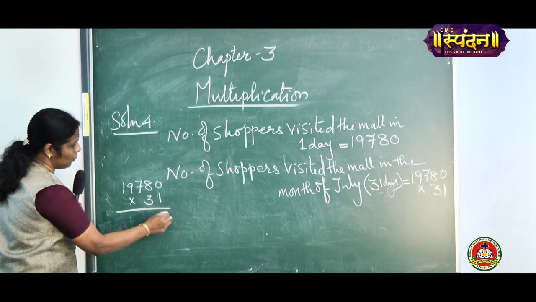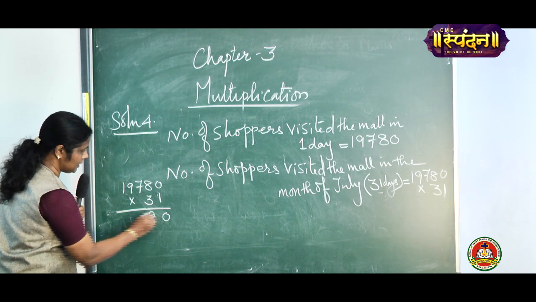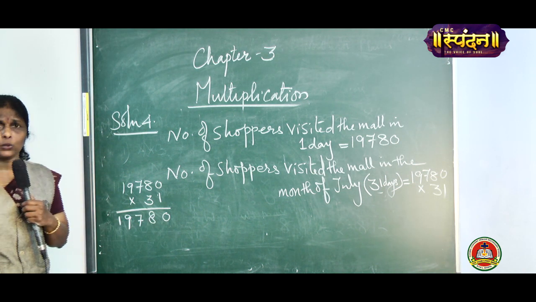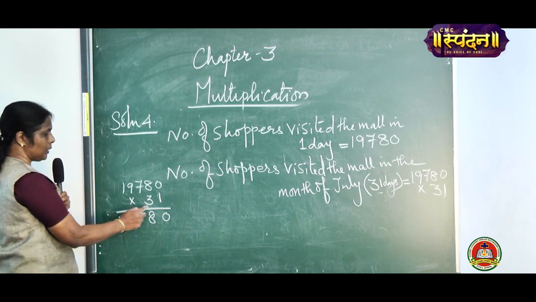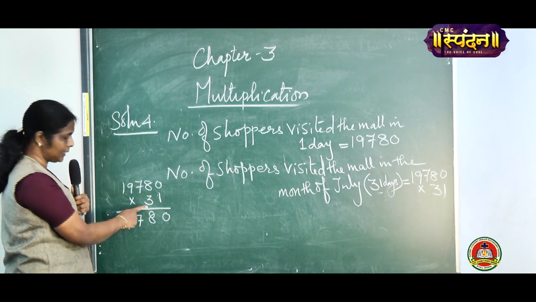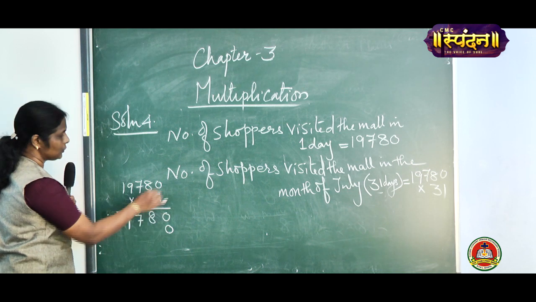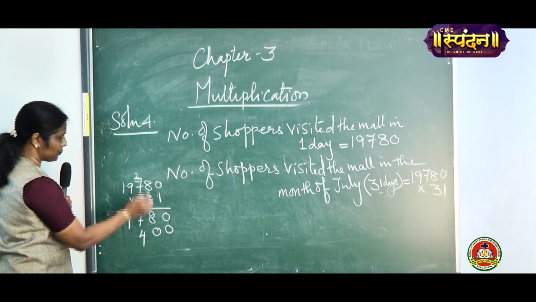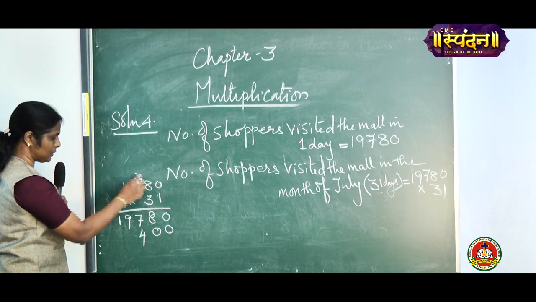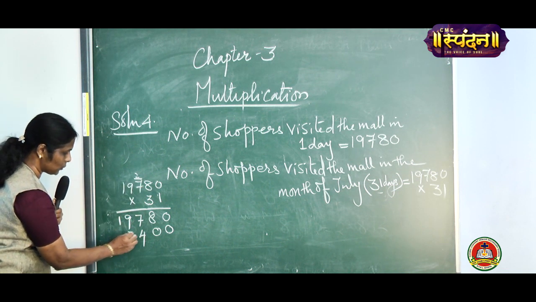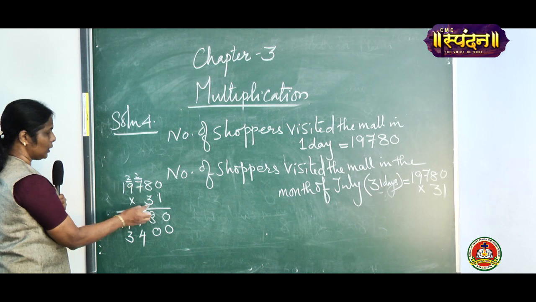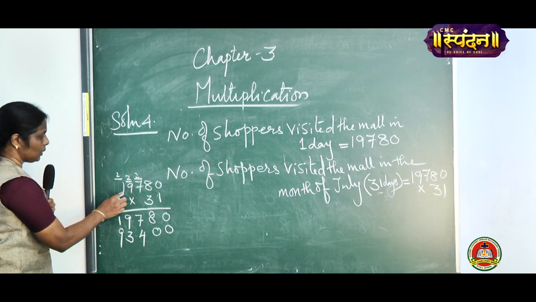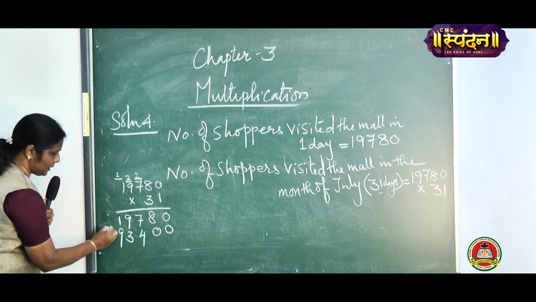Now 1 into 0 is 0, 8, 7, 9, 1. Multiplication by 1 is very easy, you get the same number. Now I am going to multiply by 3, which is in the tens place, so 0 in the ones place. 3 into 0 is 0, 3 8s are 24, 4 carry over 2, 3 7s are 21, 21 plus 2 is 23, carry over 2, 3 9s are 27, plus 2 is 29, carry over 2, 3 1s are 3, 3 plus 2 is 5.